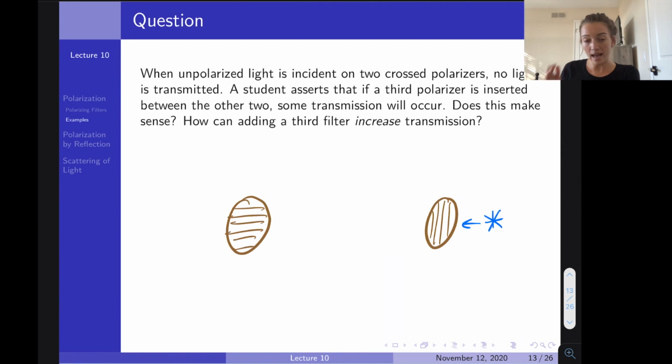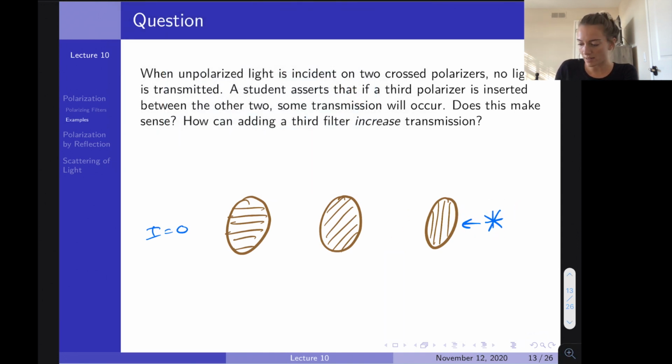We know that if they're at 90 degrees, when we have that cosine squared of 90, the final intensity here will be 0. So how can we get light to go through them? Well, if we add a third polarizer in between them, we can actually make the light on the other end not 0. If we add a third polarizer that's diagonal, at 45 degrees, then light will get through. And we can see this. So let's see.